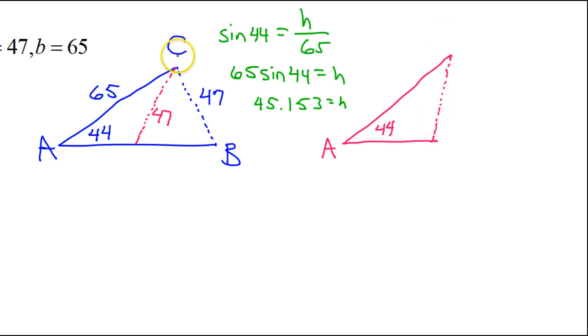Now I cannot call this angle C this time. I have to call it C2 because it can't be the same as this. Similarly, I'm going to have to call this B2. Okay, now this is still going to be 65, and this rope is still 47.